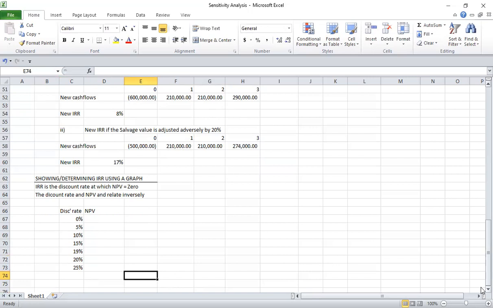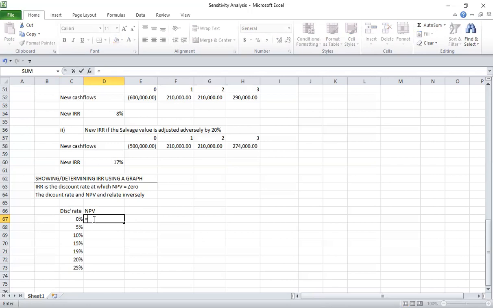What I now want us to do is to calculate how much is the figure for NPV when these are the discount rates. Remember, for the discount rate at 0%, NPV will equal what?